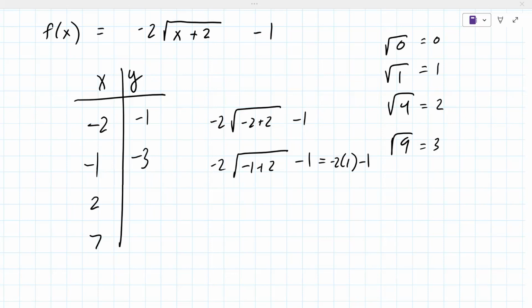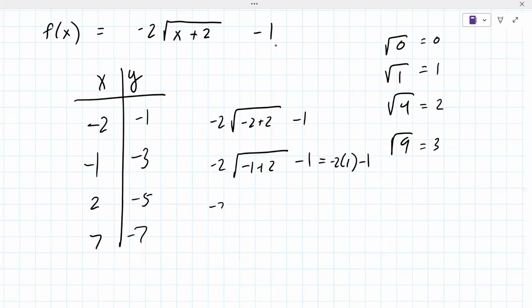Is it -9 and -11? Good question. Let's see. The first one is -5, and then the next one is -7.